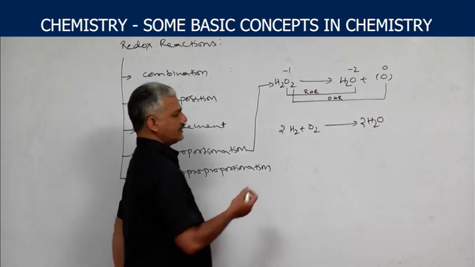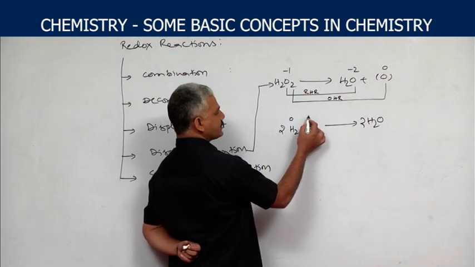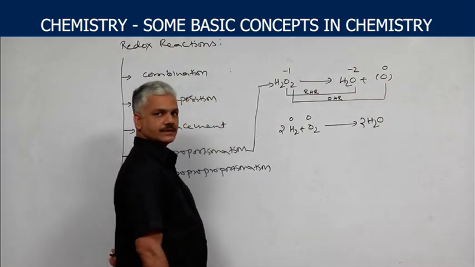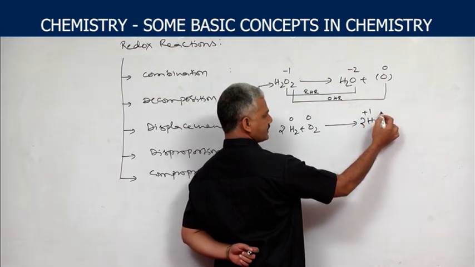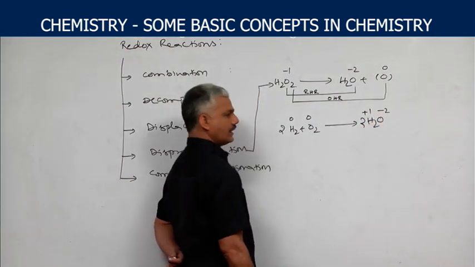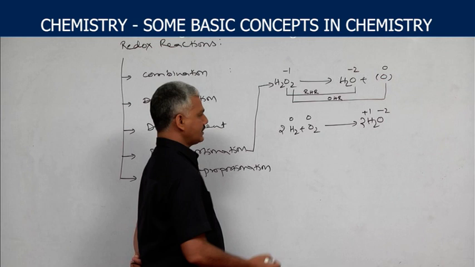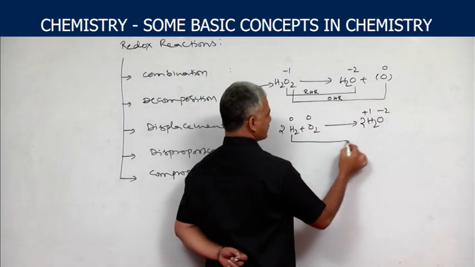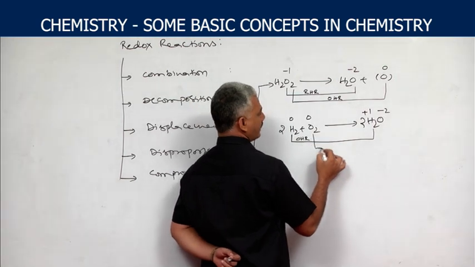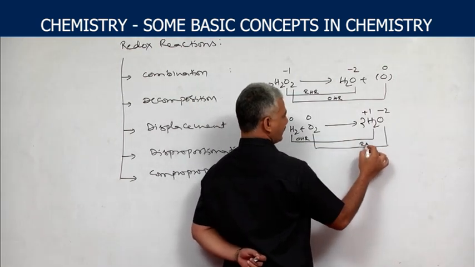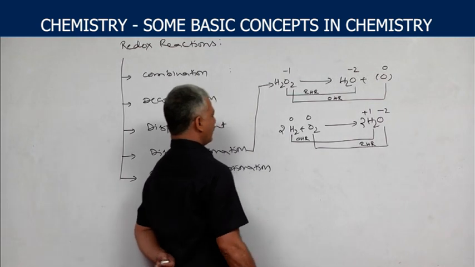In this reaction, on the reactant side, the oxidation states of hydrogen and oxygen are 0. On the product side, hydrogen's oxidation state is +1 while oxygen's oxidation state is -2. So in this reaction hydrogen is undergoing oxidation while oxygen is undergoing reduction.